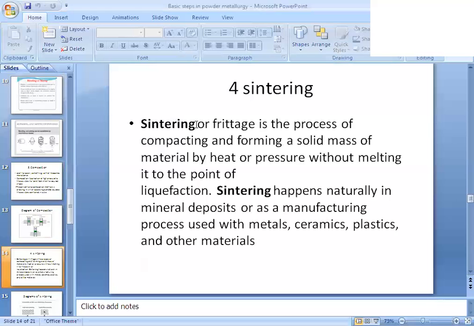Sintering happens naturally in mineral deposits or as a manufacturing process used with metals, ceramics, plastics and other materials. Please remember this one thing.